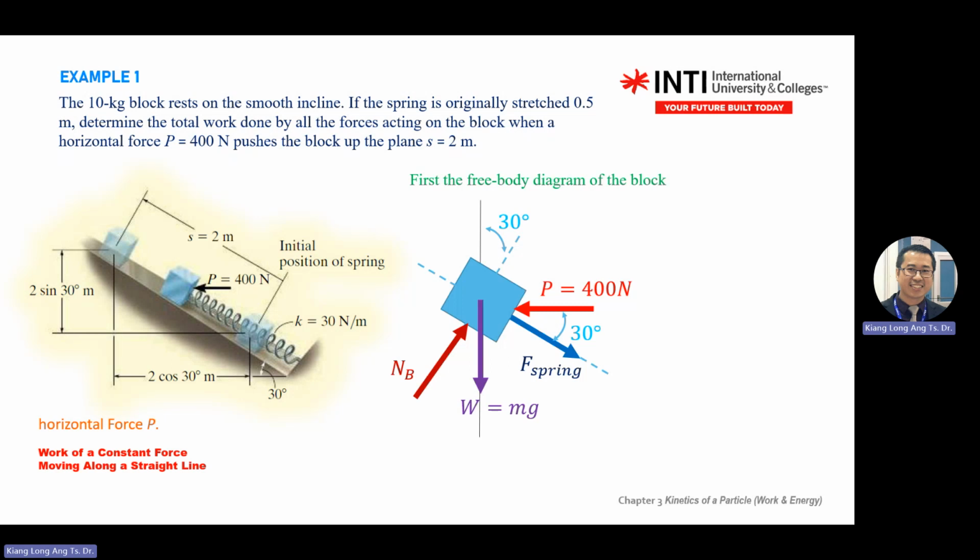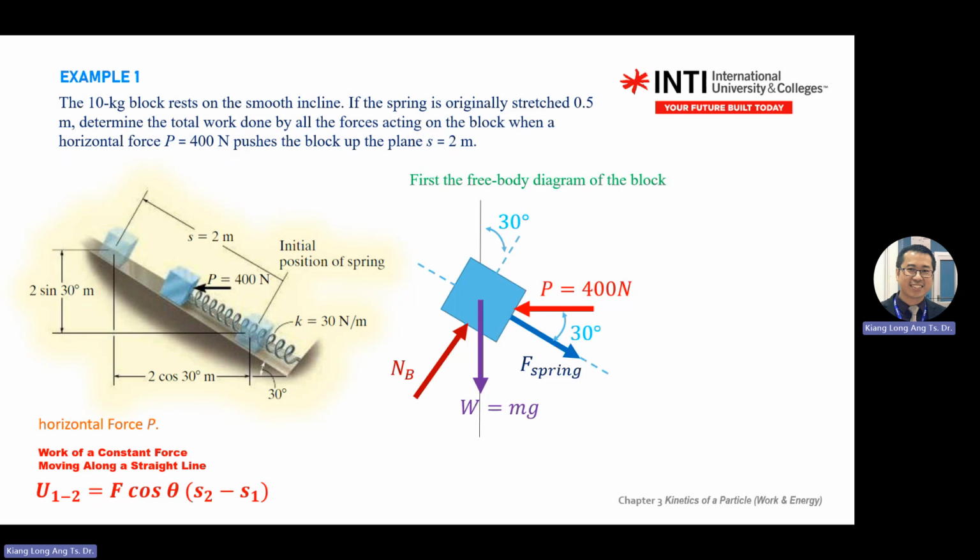Force always goes along with the distance in the same direction. So just write a general equation. Work equals force parallel direction with the distance, but you don't need to remember this one. You look at the diagram and you split this red arrow P into two directions.